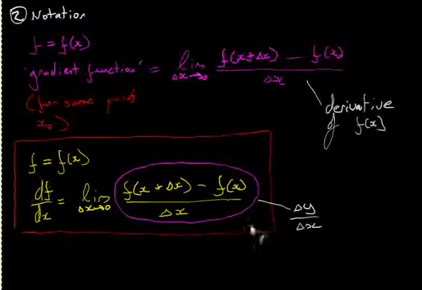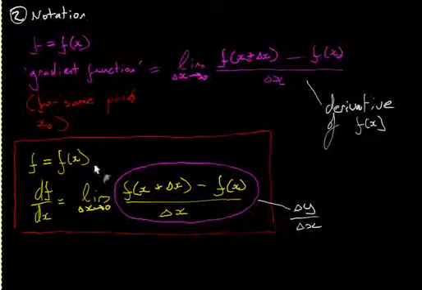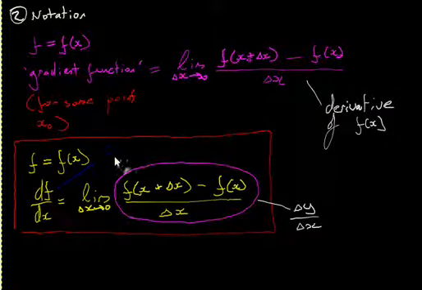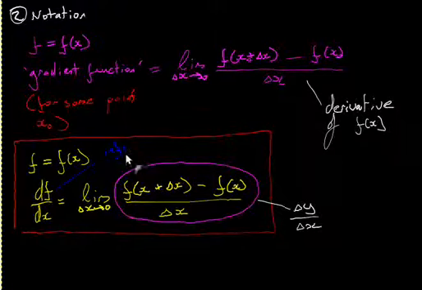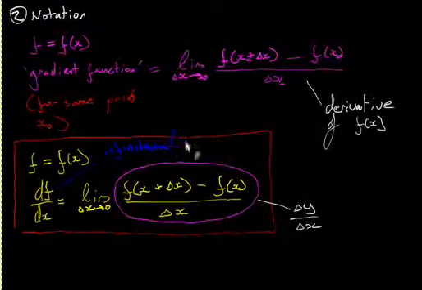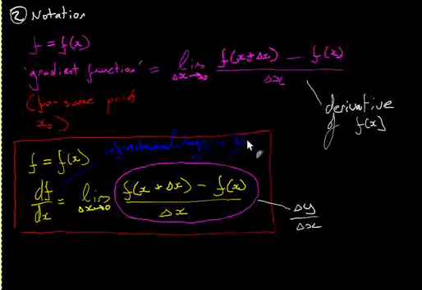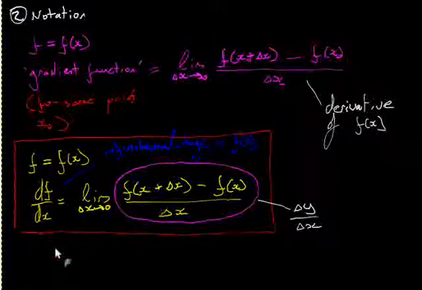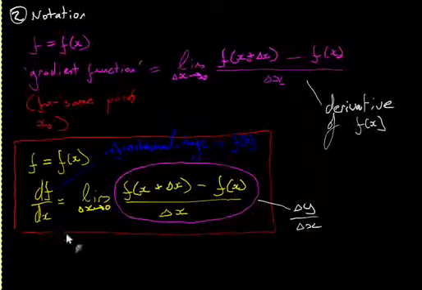That gives us a justification for this notation, because we can consider this as if it were some infinitely small, or the word we use in mathematics is infinitesimal, change in f of x. So infinitesimal means infinitely small. So some infinitely small change in f of x divided by some infinitesimal change in x.